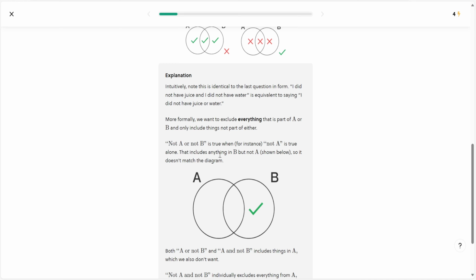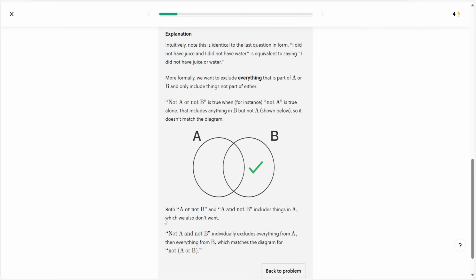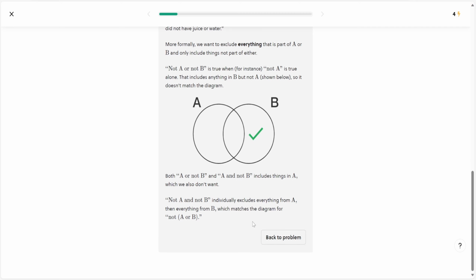This includes anything in B but not A, shown below, so it doesn't match the diagram. Both A or not B and A and not B include things in A which we also don't want. Not A and not B individually excludes everything from A, then everything from B, which matches the diagram not A or B.